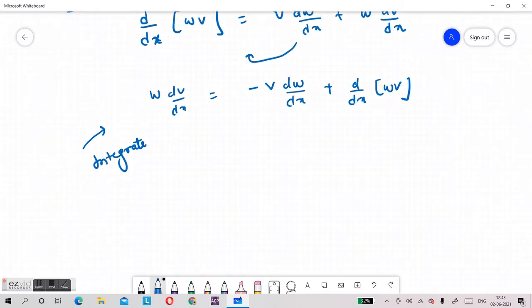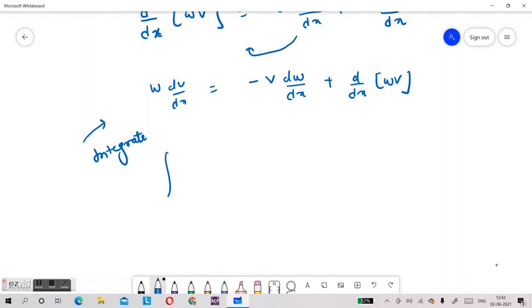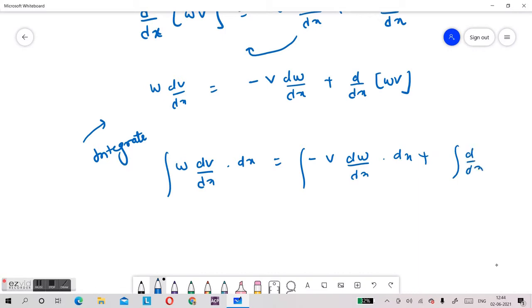Integrating this term, the integral of w dv/dx dx equals minus the integral of v dw/dx dx plus the integral of d/dx of wv dx.